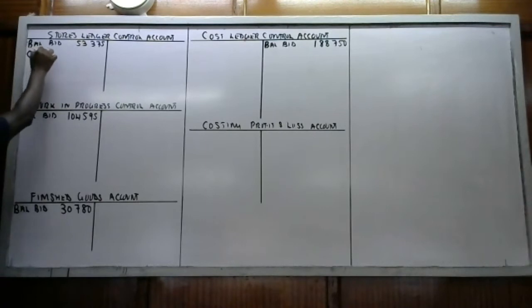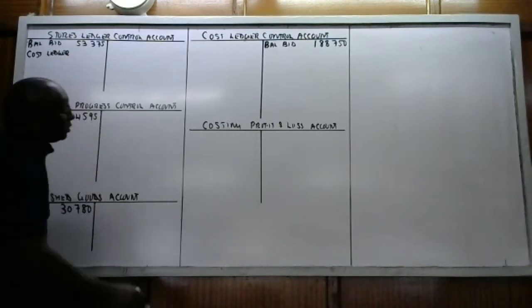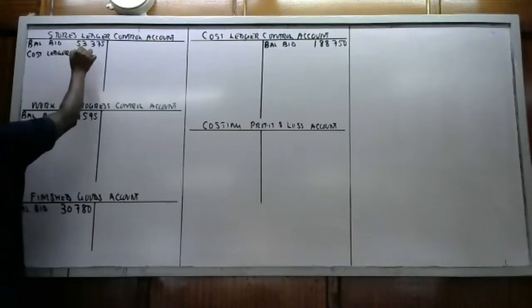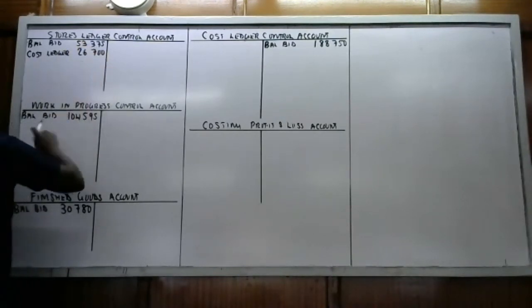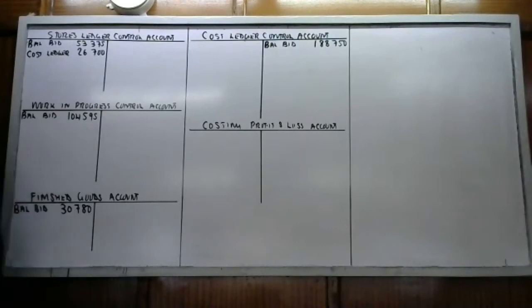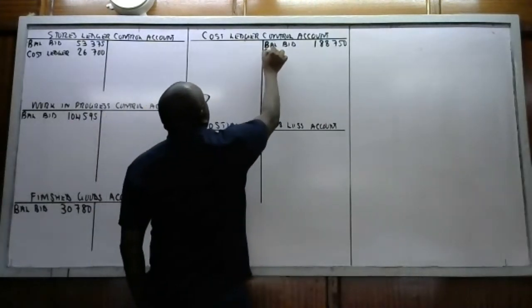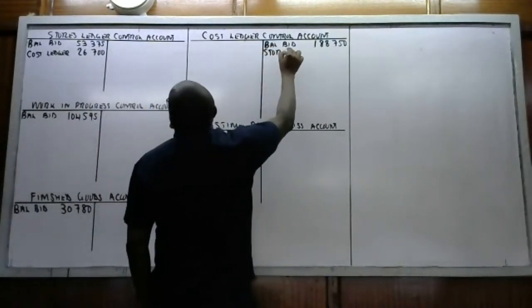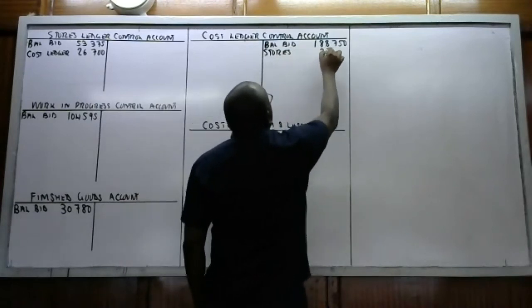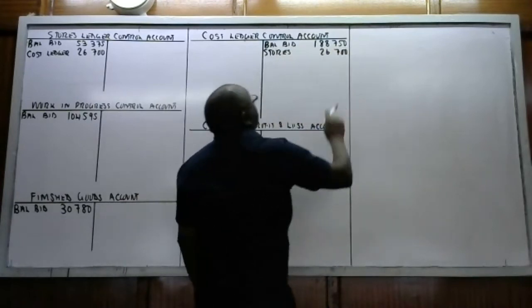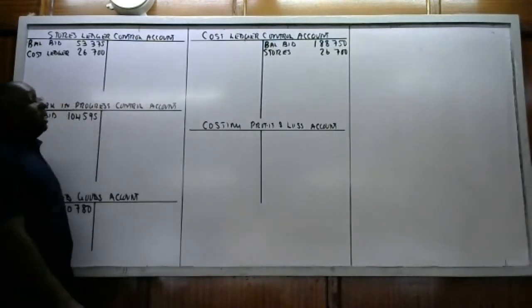Because of the cost ledger, we can just call it costs, an amount of 26,700. Then the credit is to show that we have bought, 26,700.